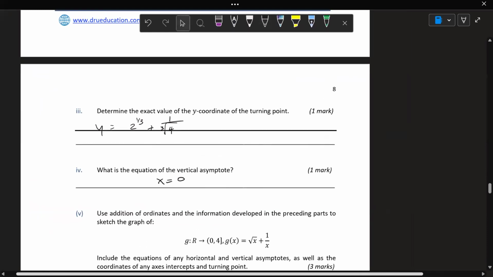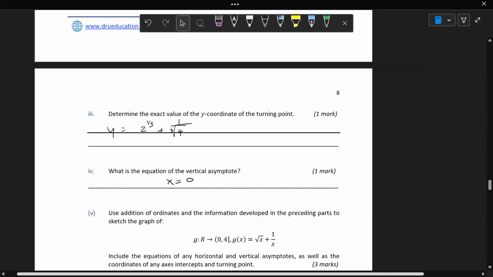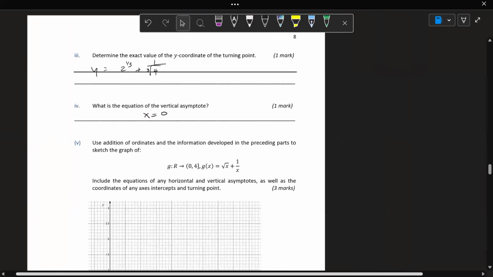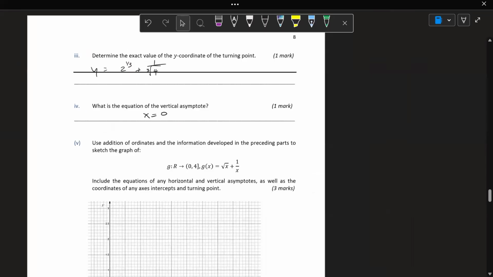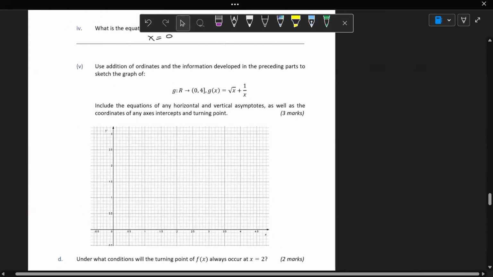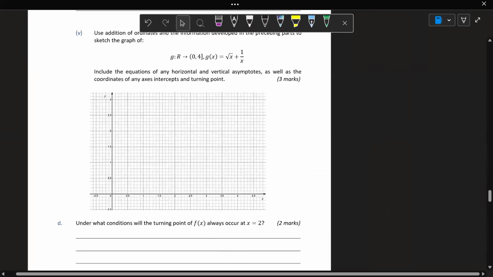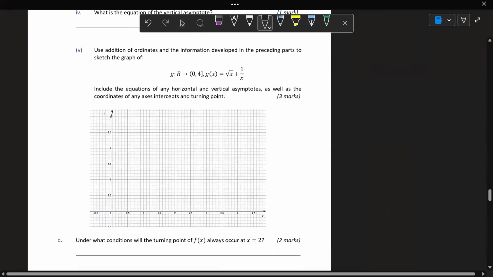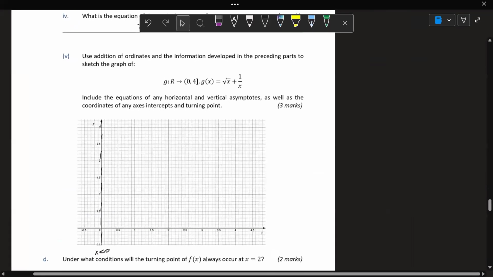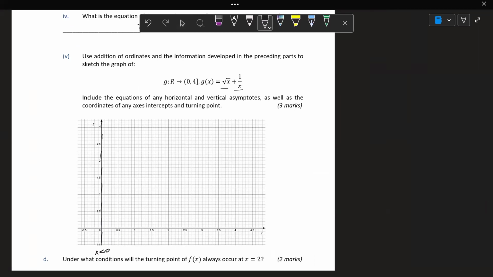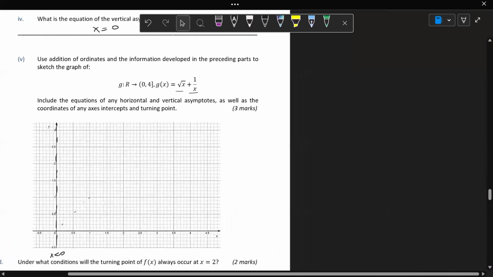And now, using addition of ordinates, sketch this graph. You can sketch this on your CAS, but it's a pretty simple graph. So first the asymptote x equals 0. And since we're using addition of ordinates, just draw out both the parts. So root x looks something like this. 4 is here, 2 is here.